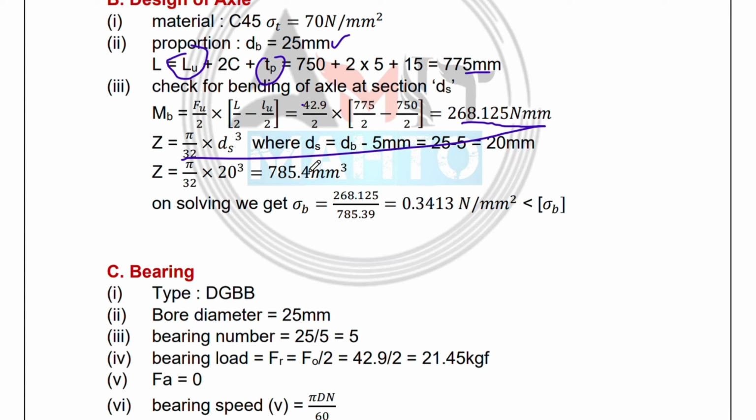So ds will be 20, put it here and get the value of Z, which is 785.4 mm cube. On solving we get sigma b equal to moment over Z, which is 0.3413 Newton per mm square, which is less than allowable, hence our design is safe.